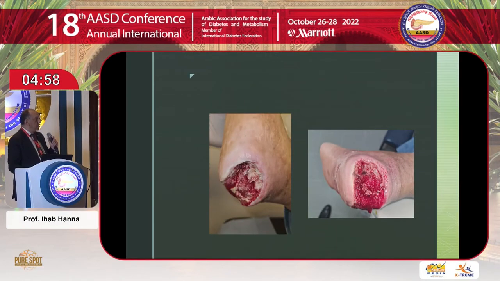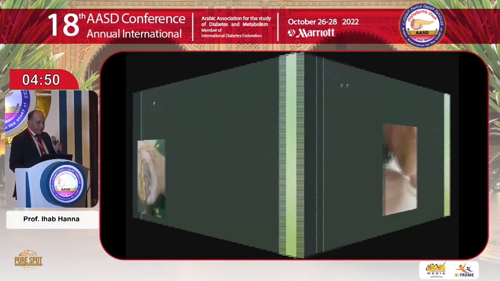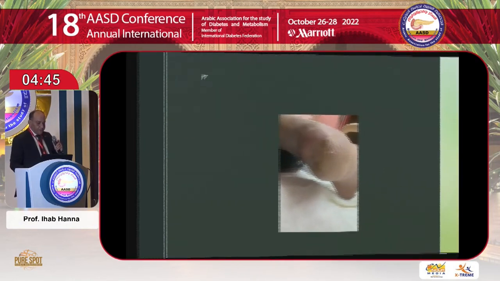This granulation tissue is further promoted by modern dressings and appropriate care after revascularization. We get our wound advancing day by day until complete closure of the wound.